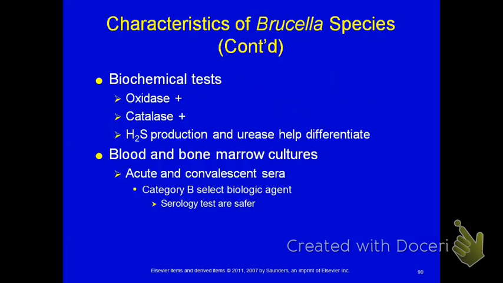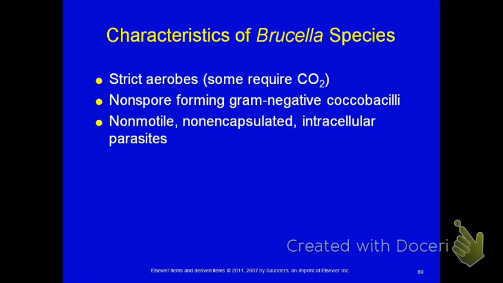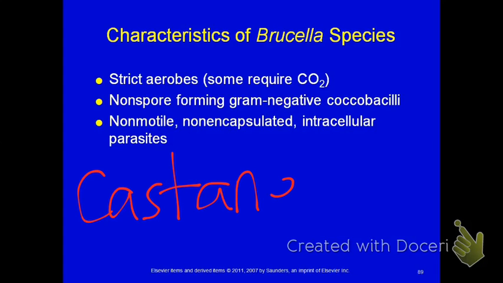Okay? So the biochemical tests, let me go back to that statement. It's hard for us to cultivate them in vitro since they are intracellular parasites. But there is a specific culture medium that could be used for cultivating Brucella, and that would be the Castañeda medium.